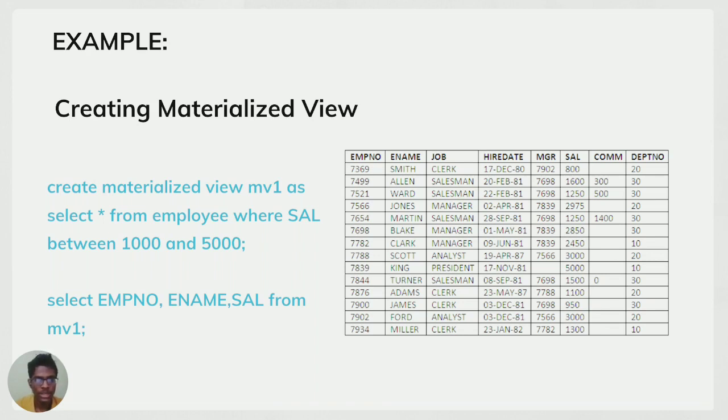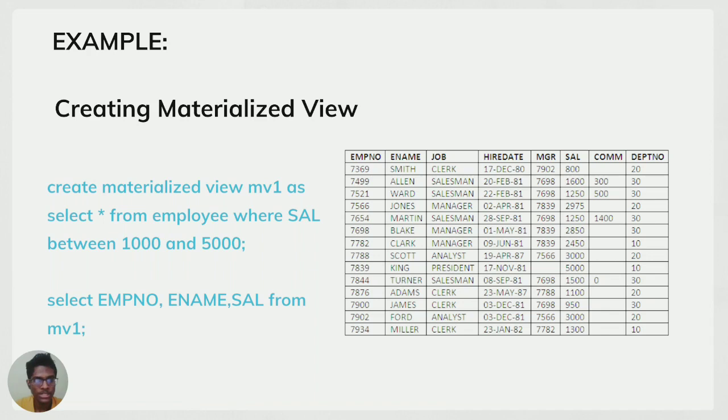If we want to create a materialized view for the employees whose salary is between 1,000 and 5,000, the query is like this: create materialized view MV1. Here MV1 is the view name of the materialized view. And after AS we write the SQL statement for the operation we want.